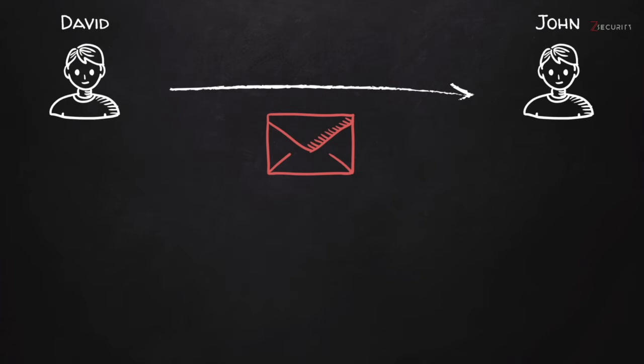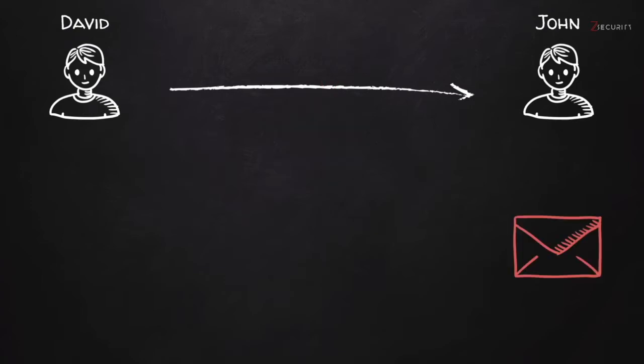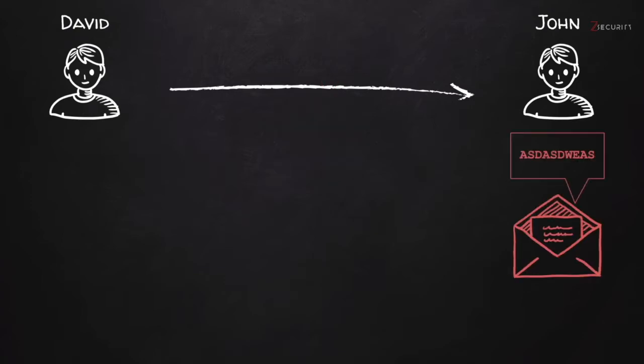It doesn't really matter. And if this message gets intercepted, the contents of the message is going to be gibberish, so it won't be useful to the person intercepting this. John will receive the message, he will open it, the message will still be gibberish, and then John is going to use the same encryption key to decrypt this message and reveal its content, which was "secret message."